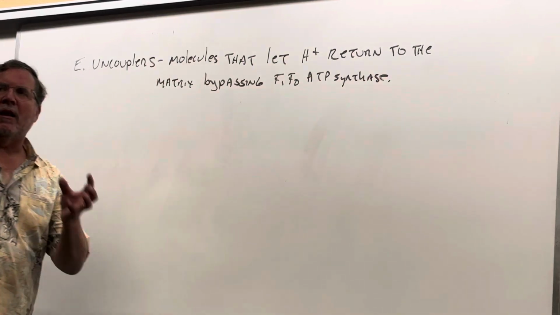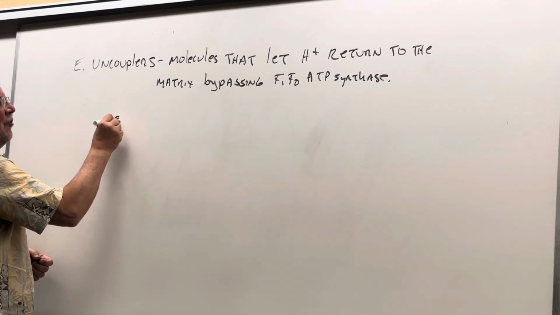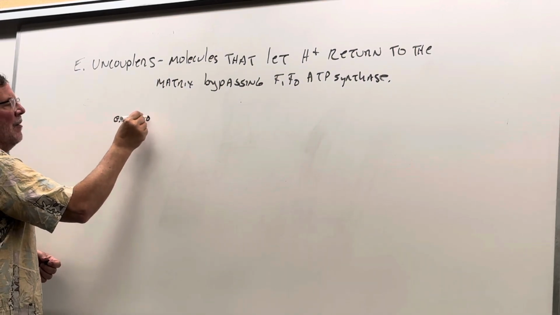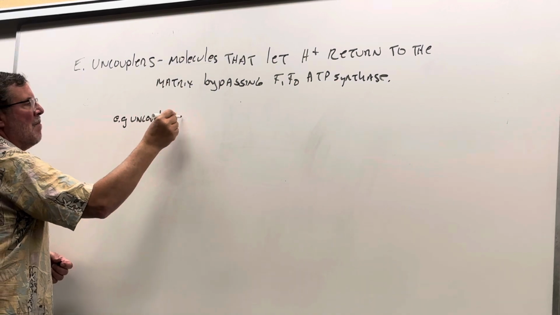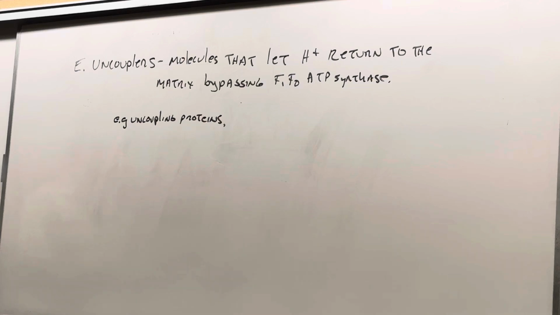They're basically molecules that allow the H+ to go back through. Now there are some natural ones, known as uncoupling proteins. And there are several isoforms in humans and in mammals.